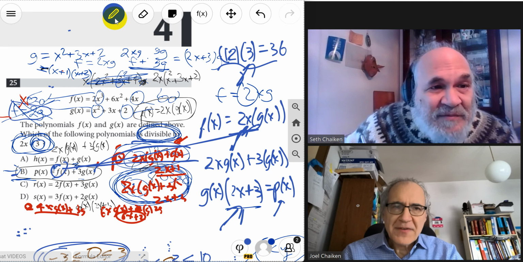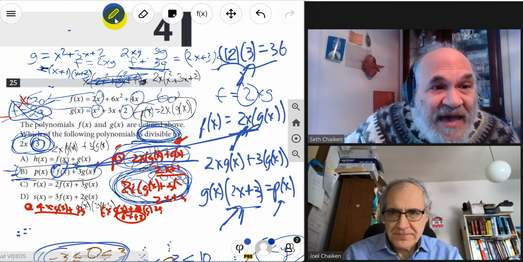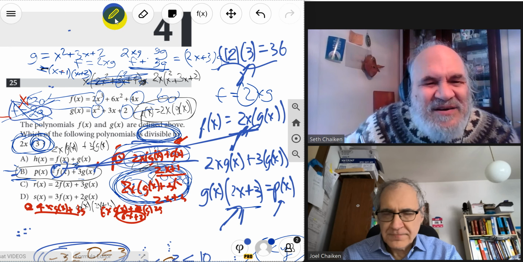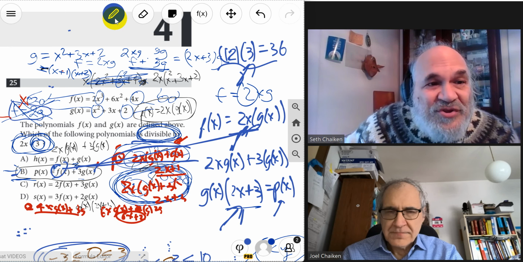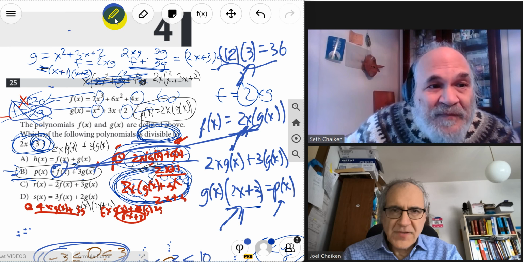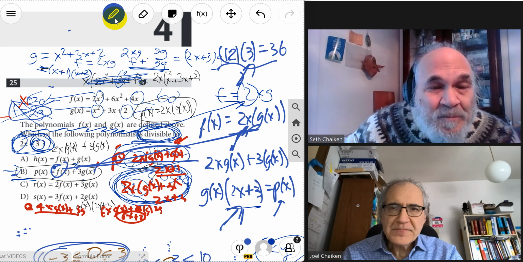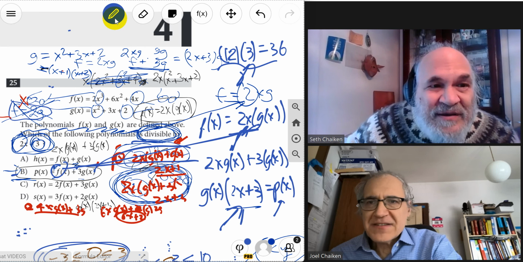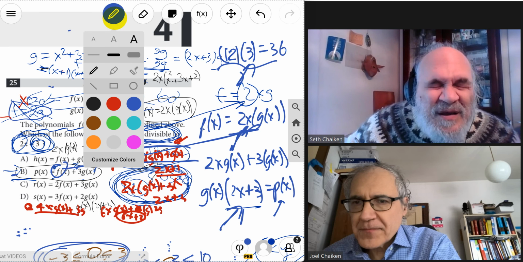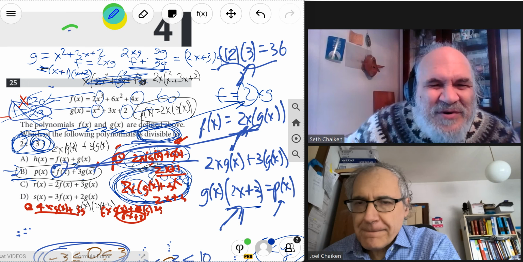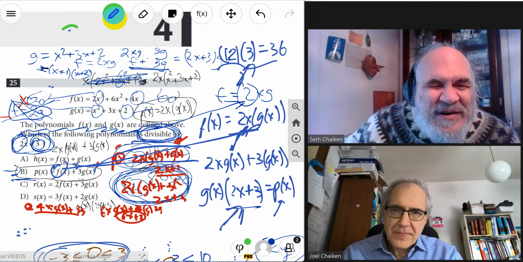However, the F plus 3G is a better guess because the 2 is already there from here, and the 3 doesn't come from anywhere else. So the 3 leads you to pick this one.